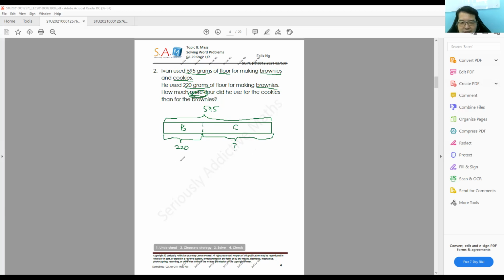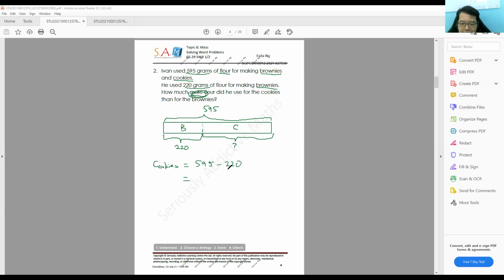So it'll be, all right, let me put that. I'll just put it for short. Cookies equals 595 minus 220.